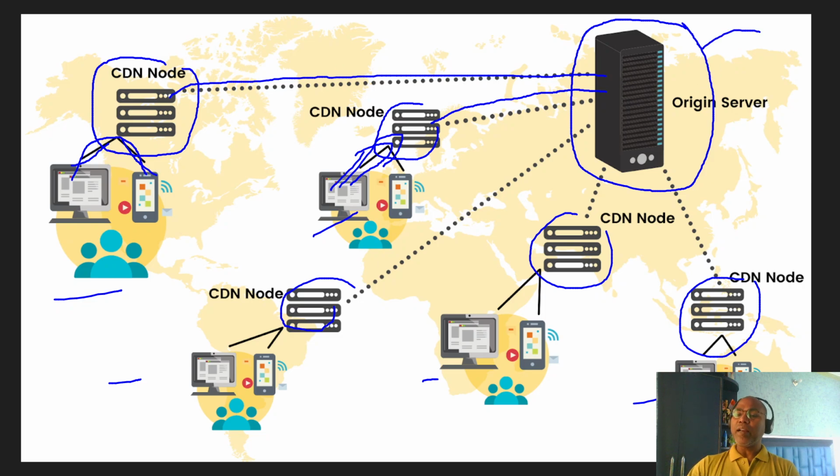If something changes on the original server, then we have to update our CDN cache server as well. So there are lots of techniques for how to replace and when to change.